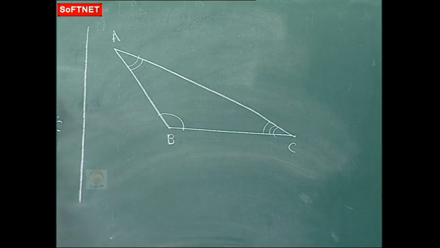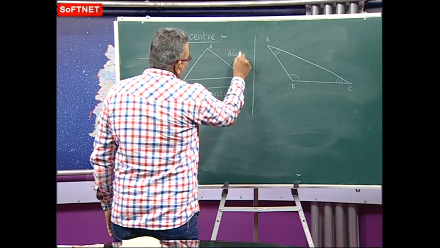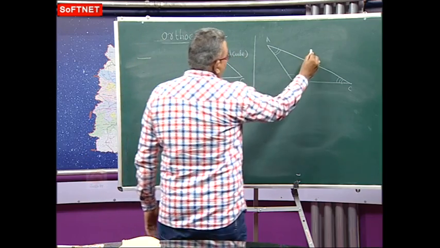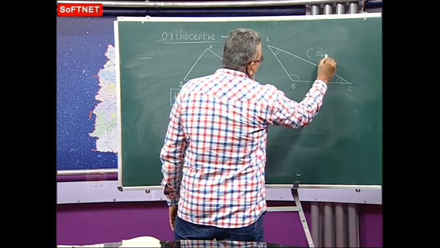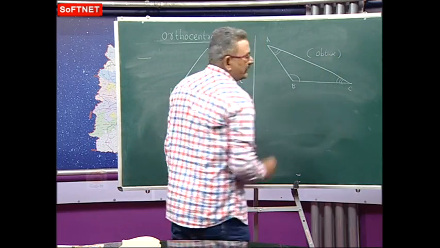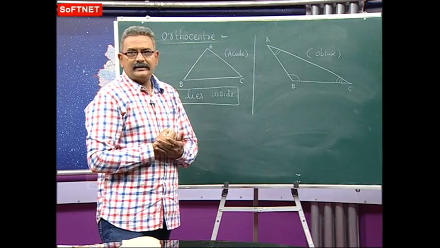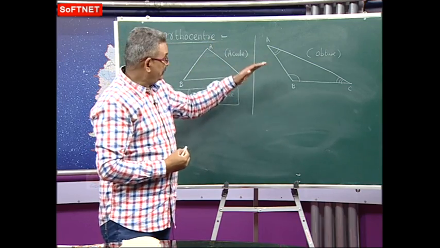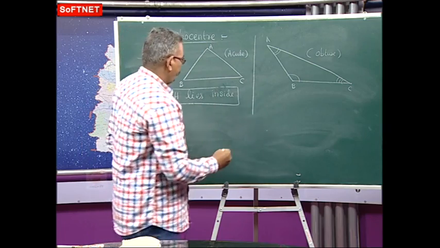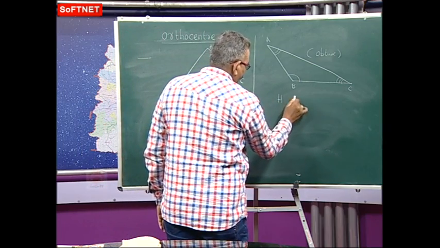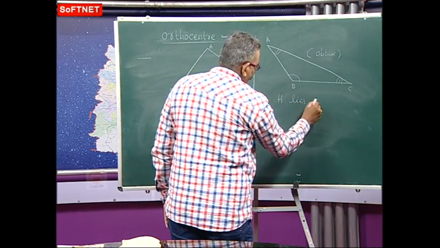This is acute. This will be an obtuse angled triangle. Since it is an obtuse angled triangle, the orthocenter lies outside. That means H lies outside.